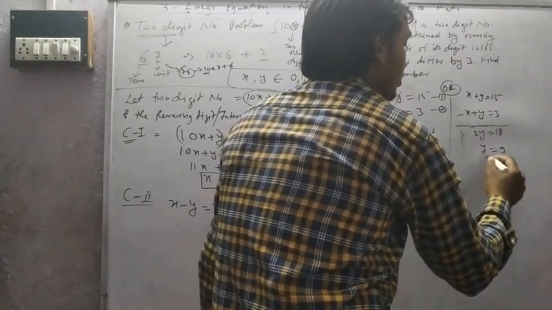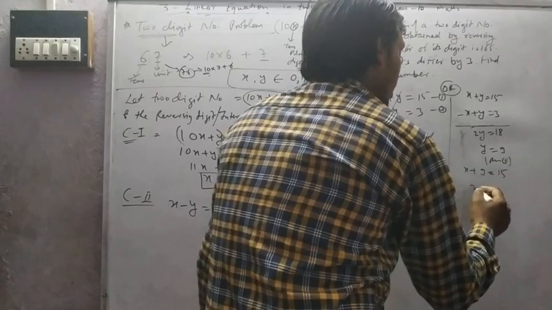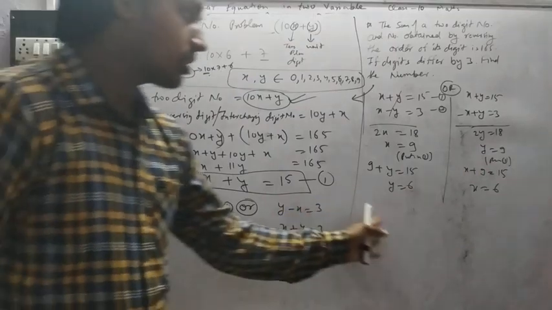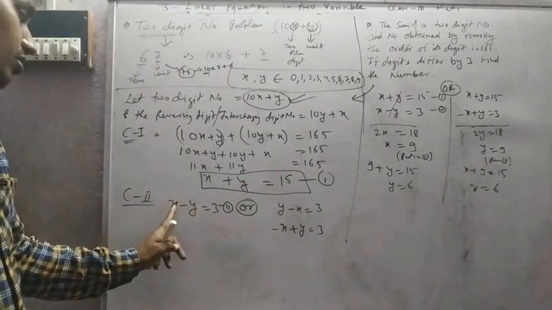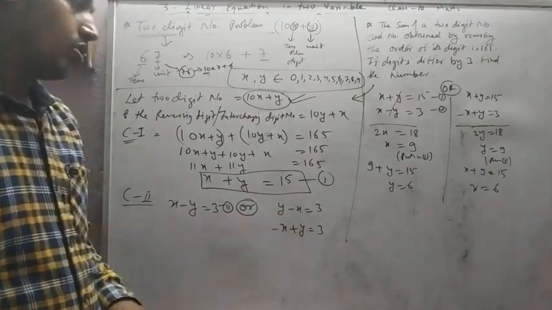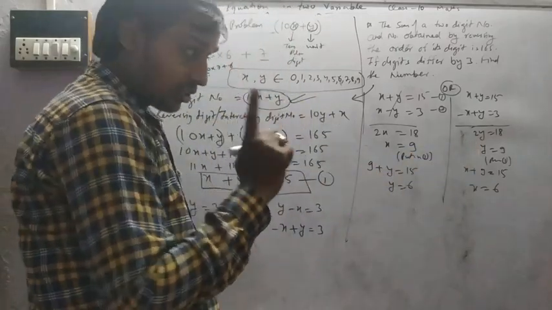Put in the first equation. So x plus 9 is equal to 15, x is equal to 6. Here y is 6, here x is 6. Because according to the question, here x is greater, here y is greater. So you get the values, but the answer is not here.